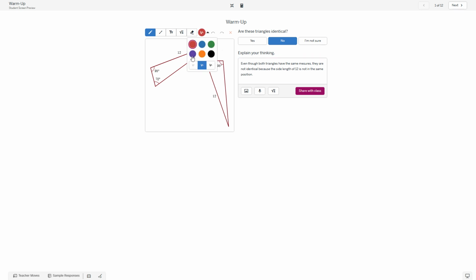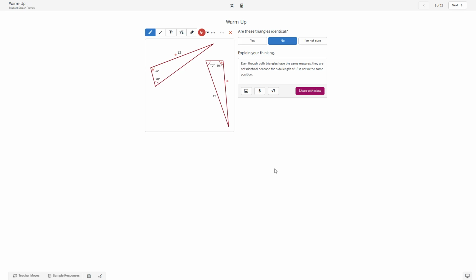So here we have our 12, and that is this length, and it's next to the 95-degree angle. If we look over here on our 95-degree angle, this should be 12 units long, and it's not. It's this part that is the longest side.